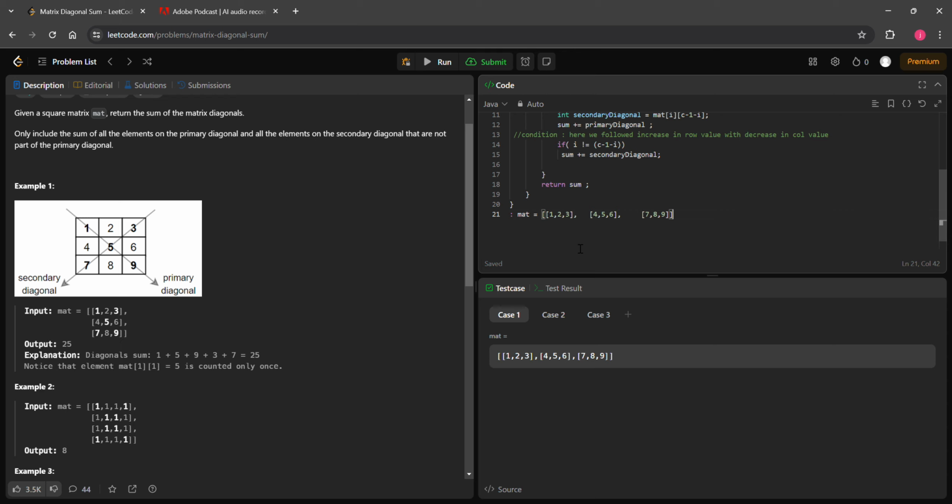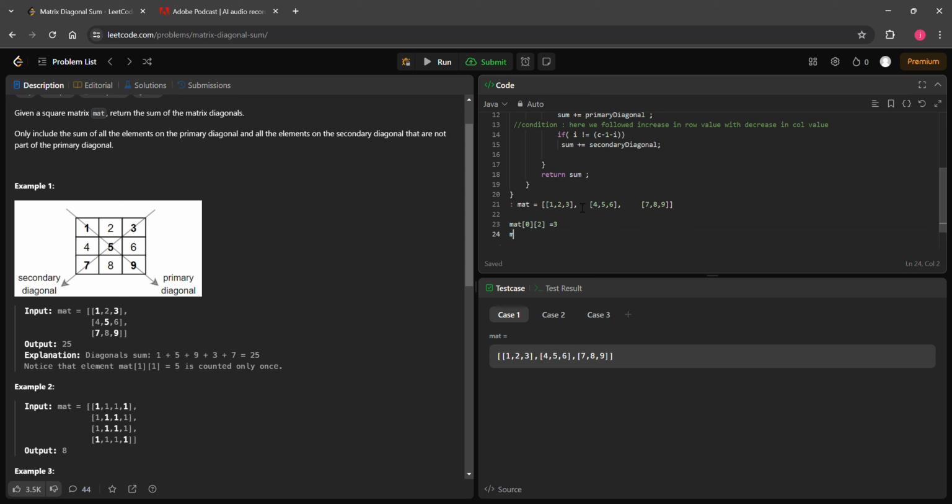So first we need the value of 3. So what is the value of 3? We have to access this. How can we access this? By accessing the 0th row, so mat of 0 of 2. Mat of 0 2 will give us 3, right?